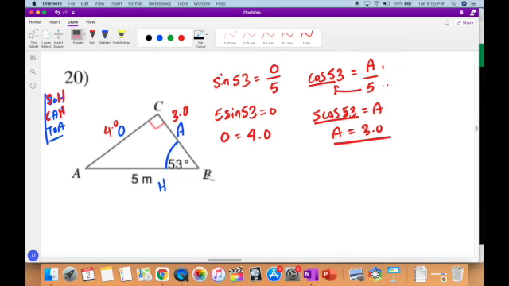Alright, nice. So if this is the case, then we have all 3 sides. Now, we want to find this angle. Remember, for the previous angle this was the hypotenuse, this was the adjacent, this was the opposite.